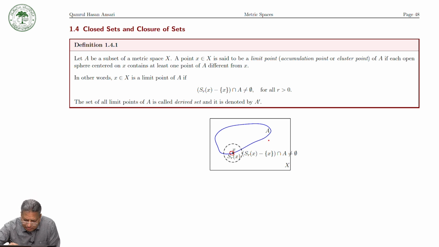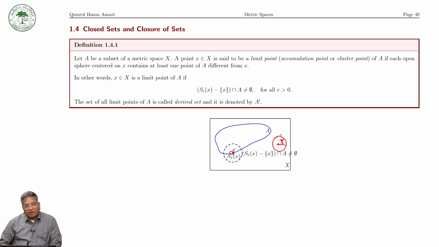But suppose you are taking a point far away, is this point x a limit point of A? No, because if we are considering the open sphere with center at x and radius R, then it does not contain any point of A.